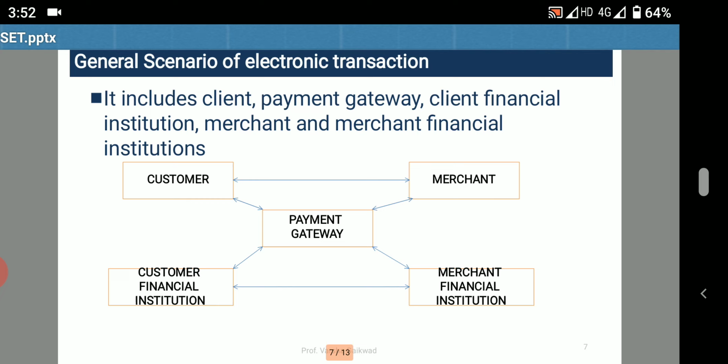The payment gateway takes access from the financial institution and transfers the money from one financial institution to the other financial institution without the direct help of buyers and sellers. Directly they won't get the confidential information of buyers and sellers, and they will make a secure transaction. This makes the transaction safe and secure.